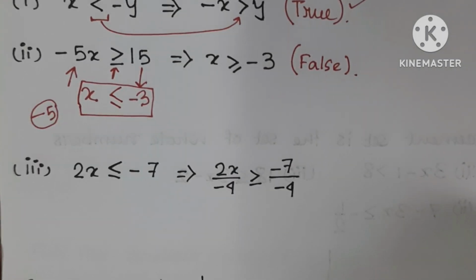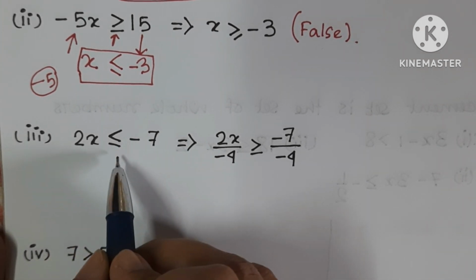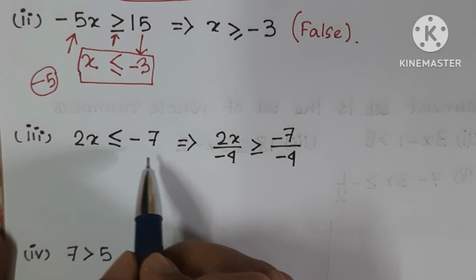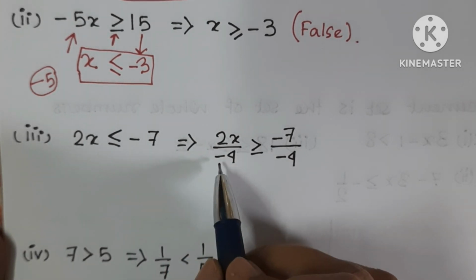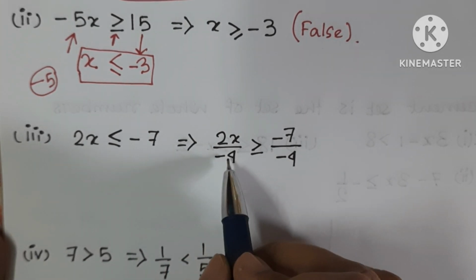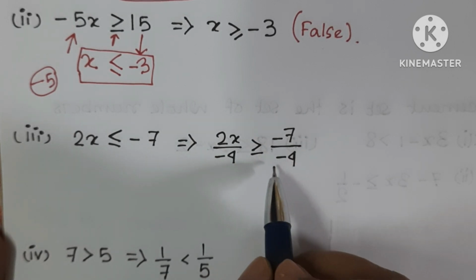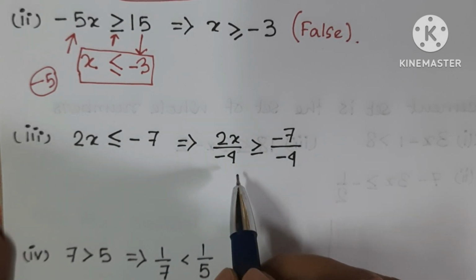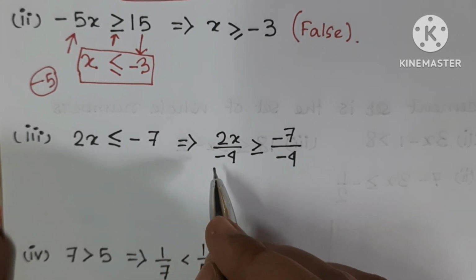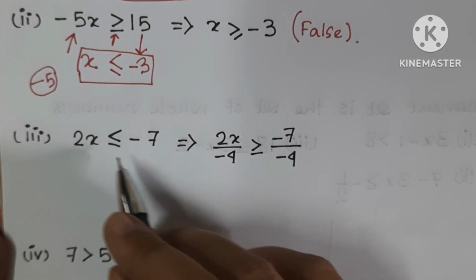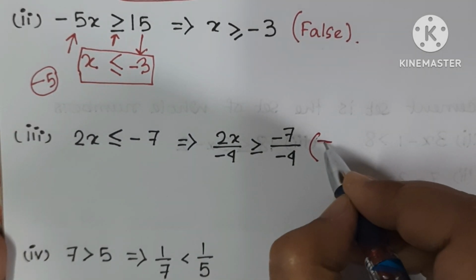Now come to the third problem. 2x is less than minus 7. That implies 2x by minus 4 is greater than or equal to minus 7 by minus 4. Here they are dividing both sides by the same negative number, minus 4, so the symbol has changed. So that is definitely true.